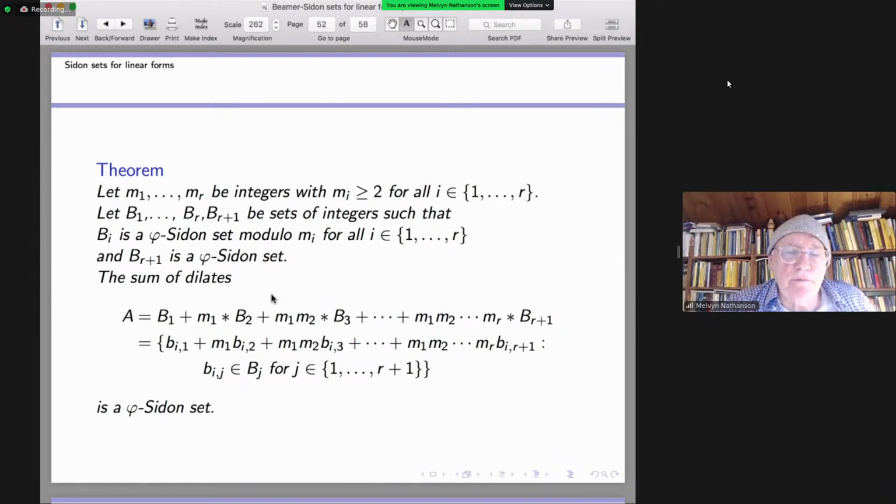So you have a way to blow up phi Sidon sets. And the B's don't have to be distinct, so you can actually easily construct large phi Sidon sets.